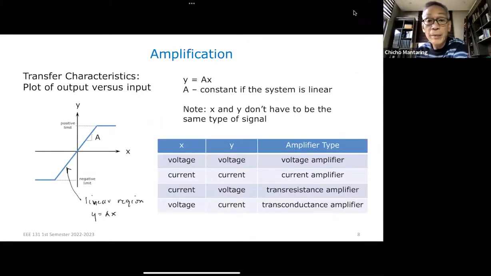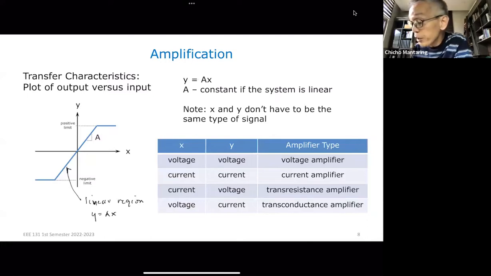X and Y, what I'm saying here is X and Y do not have to be the same type of signal. What are the most common types of signals we encounter in EE? It's either voltage or current. So here I wrote down all the possible combinations of voltage and current for X and Y. X and Y can both be voltages, X and Y can both be currents, X can be a current and Y a voltage, or X can be a voltage and Y a current.